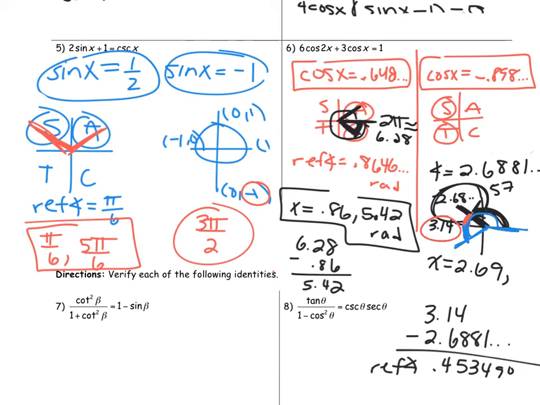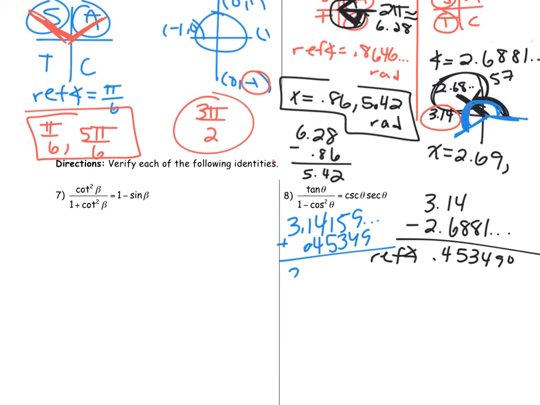Again, guys, if any of this isn't making any sense, you need to join a Zoom session. So please, please do that. We end up getting here, remember, you don't want to round too early. When I add these, 3.14159, blah, blah, blah, plus the 0.45349, I end up getting 3.59508.